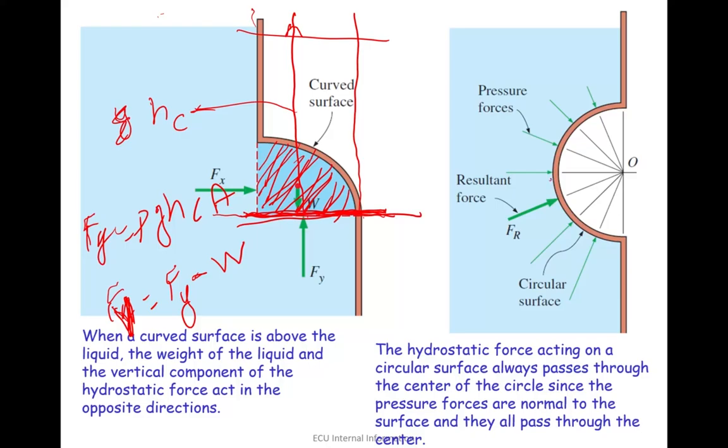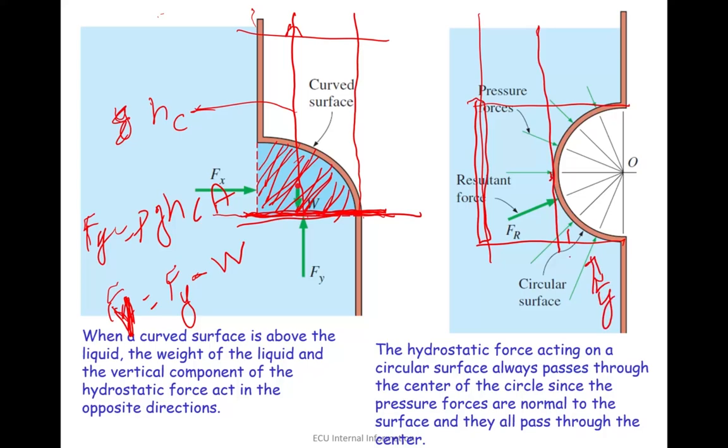Similar things can be applied here. Again, horizontal force is the projection onto this line, treat it as a vertical plate and work it out. For vertical forces we can draw a line like this, then we have Fy upward, the weight of this part W1 and the weight of this one W2.